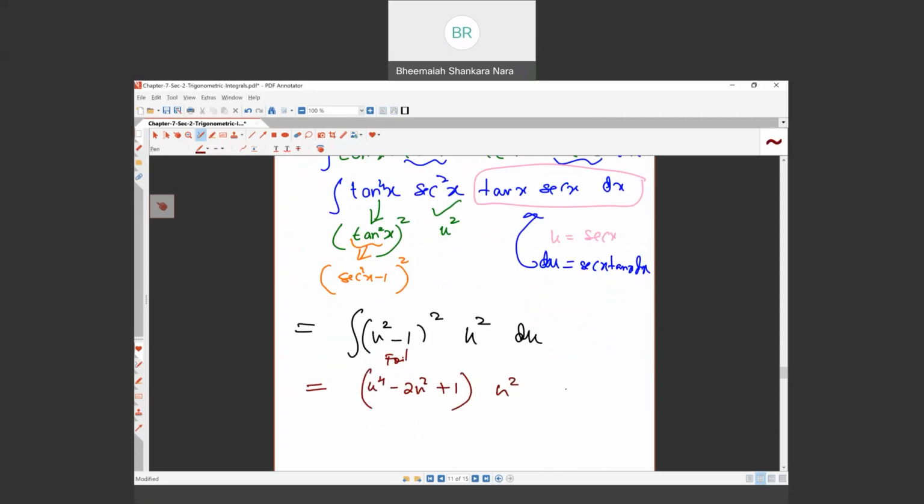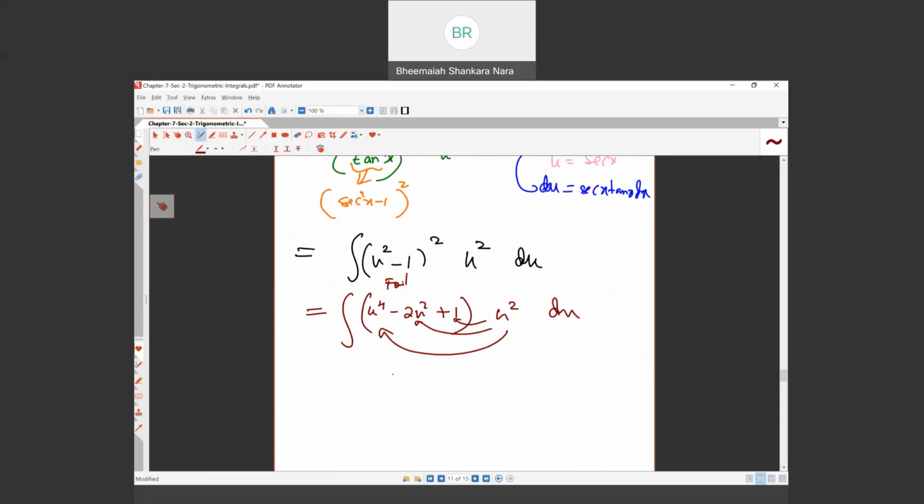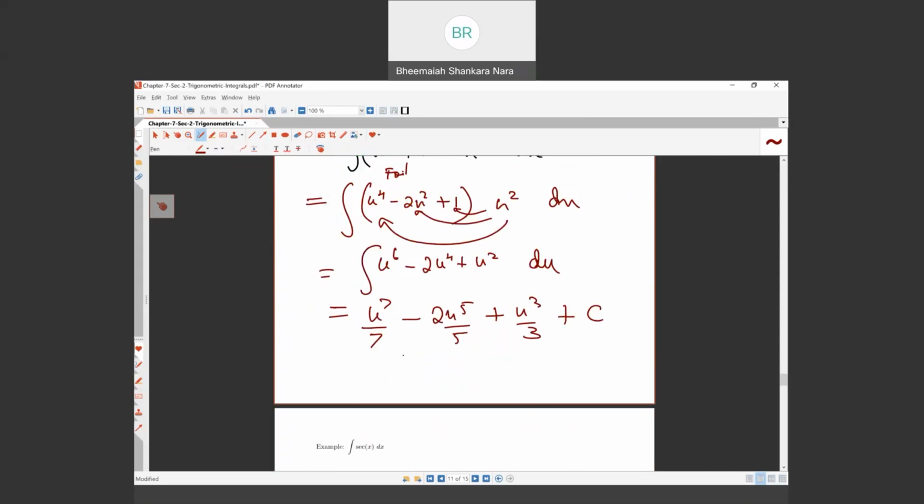Now multiply this u square to every term here, and this becomes u to the 6 minus 2u to the 4 plus u square, integral with respect to du. So integrate this: u to the 7 divided by 7, minus 2u to the 5 divided by 5, plus u cube divided by 3 plus c, the constant of integration, where u was secant x. That's what we assumed in the starting.